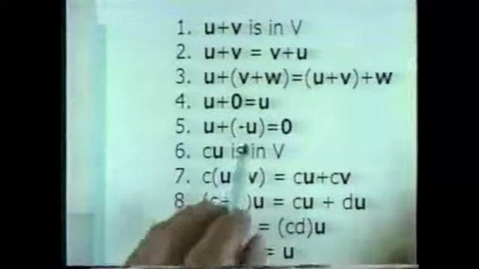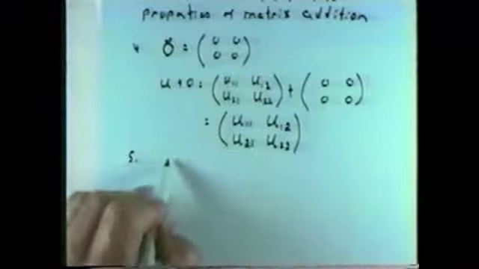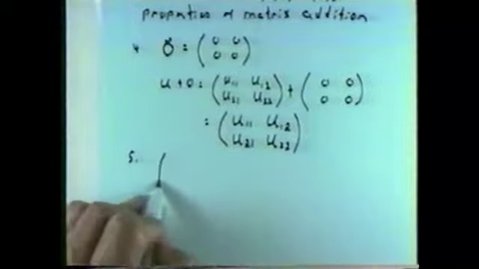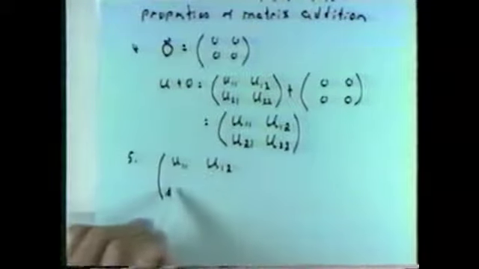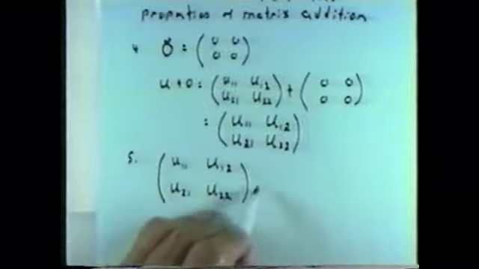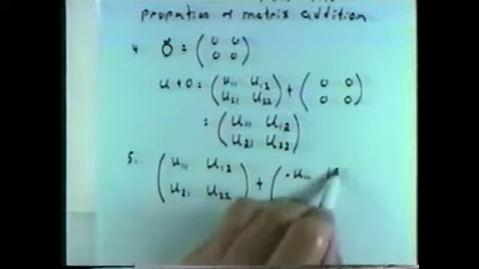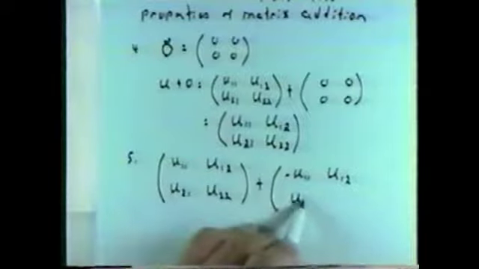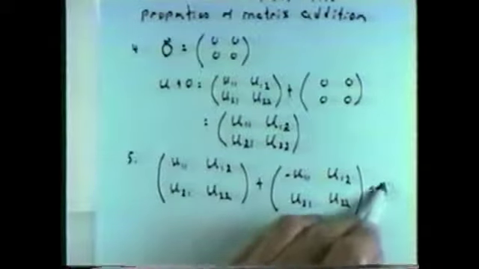Okay, property 5, I must show there's something the opposite of U, such that U plus the opposite of U is equal to 0. So property 5, I can just show that U11, U12, U21, U22 plus the opposite of U11, U12, U21, U22 is equal to 0.